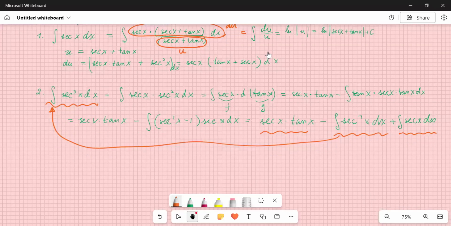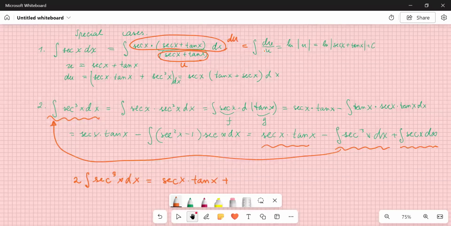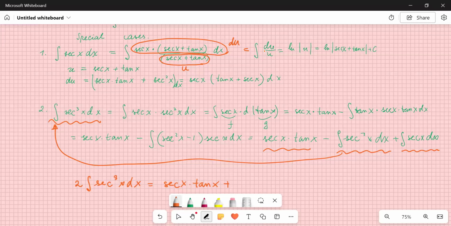So I'm going to have two integrals of secant cubed of x dx. On this side, I have secant of x, tangent of x, a product, right? Plus this integral of secant, I do know it's ln absolute value of secant of x plus tangent of x, right?